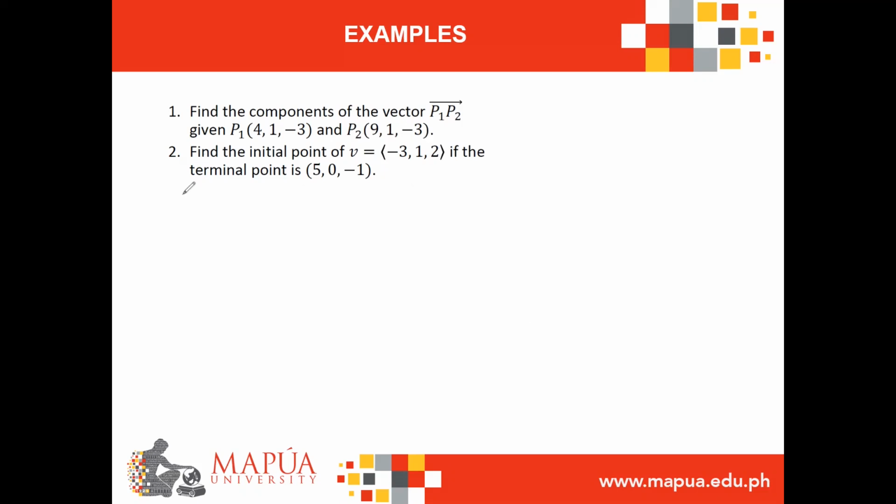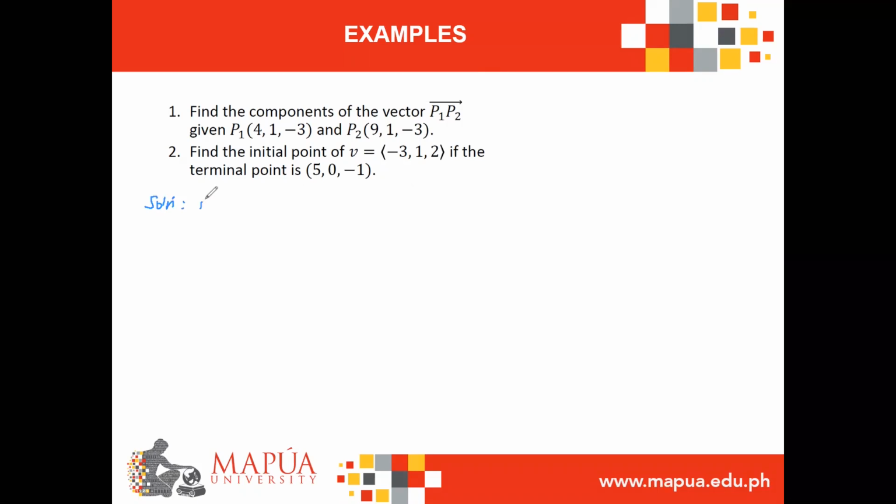In solving that problem, we have the vector P1P2 to be defined, where we have the coordinates of the 2 points given. Based on the formula that we have learned, it is the difference between the coordinates of your 2 points, starting from the terminal point minus the initial point.